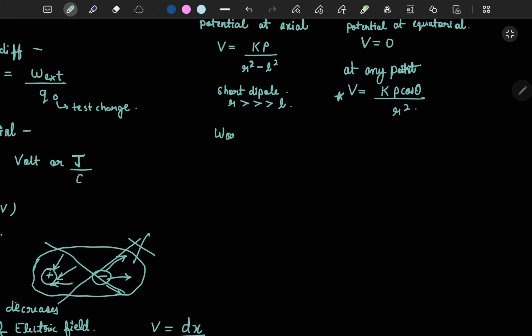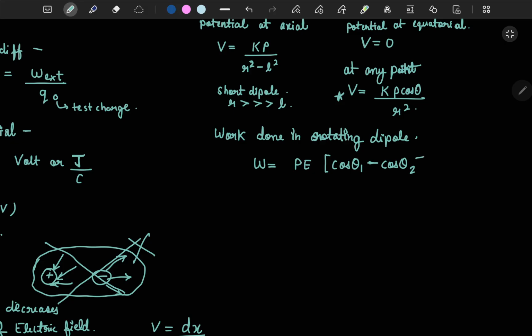Now we will be talking about work done in rotating a dipole. So what will be the work done in rotating a dipole? Work done will be pE times cos theta 1 minus cos theta 2. Why cos theta 1 minus cos theta 2?